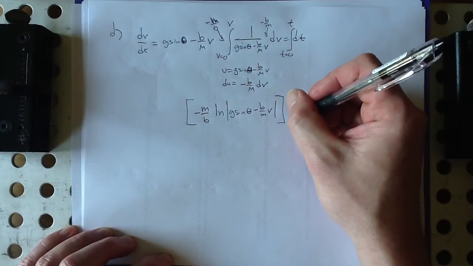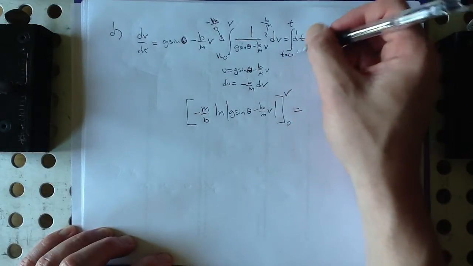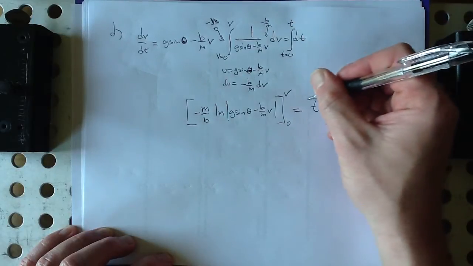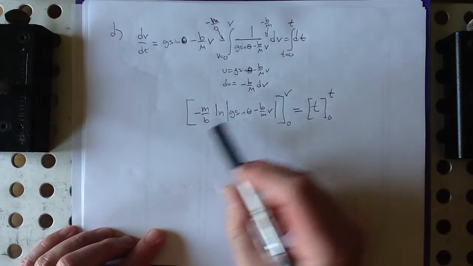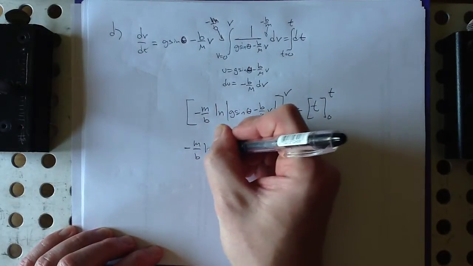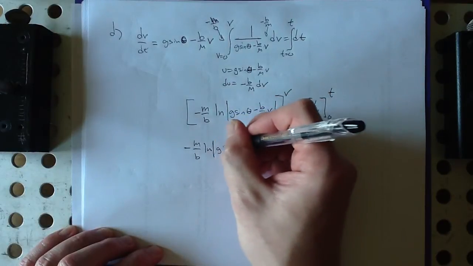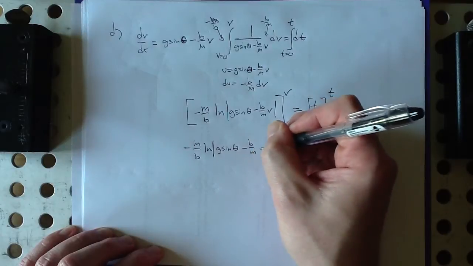So going from v equals 0 to v, and then over here the antiderivative of dt is just t from 0 to t. So plugging in the v gives me this expression, so I have minus m over b natural log g sine theta minus b over m v.